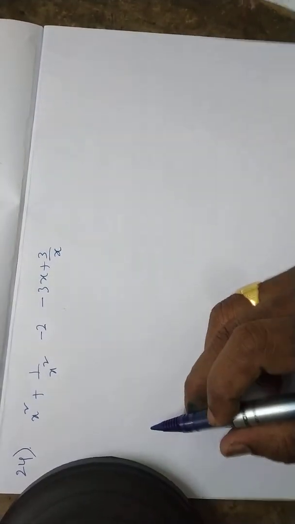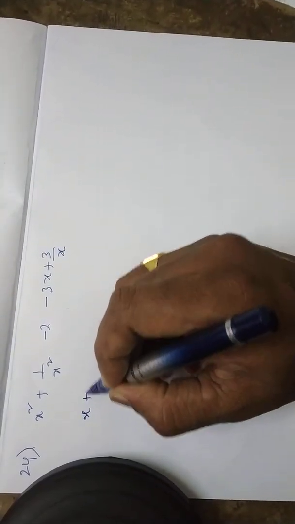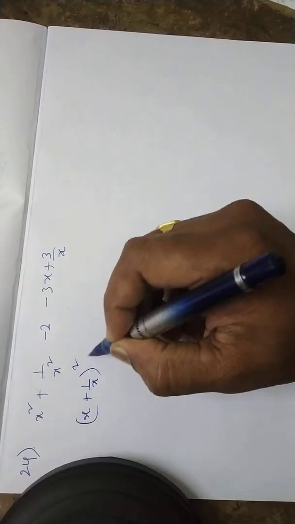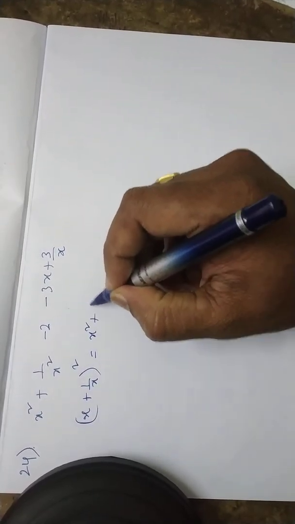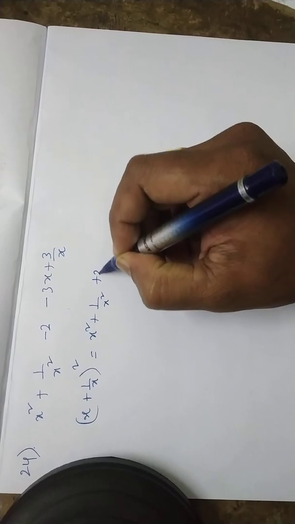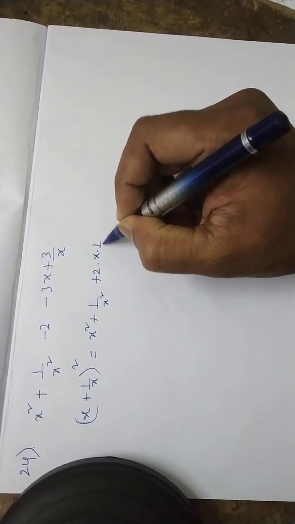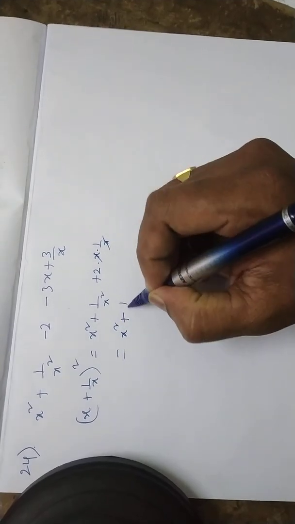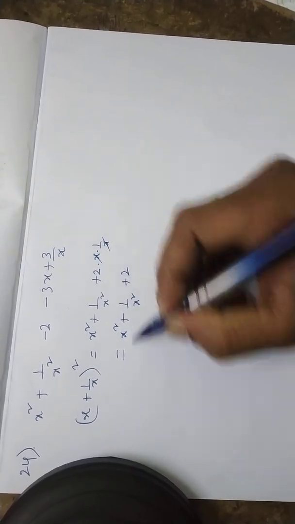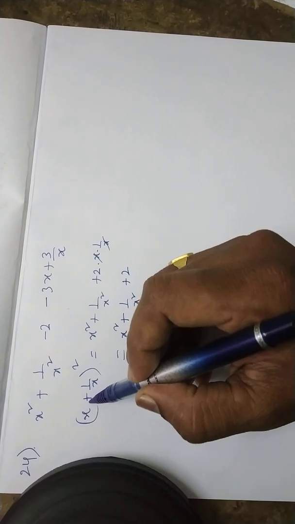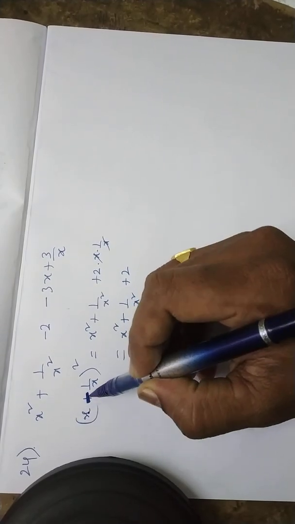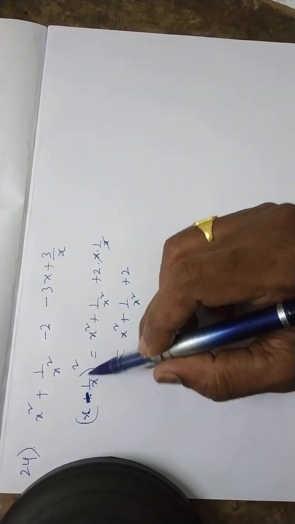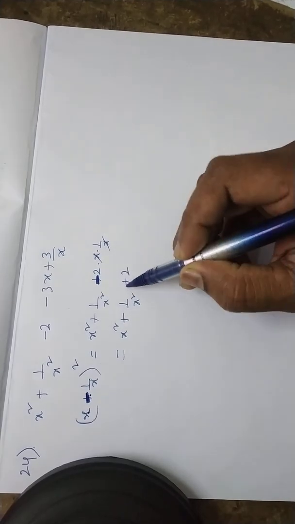You have seen in the expansion, x plus 1 by x whole square can be written as x square plus 1 by x square plus 2ab, 2 into x into 1 by x, cancel. So you will get x square plus 1 by x square plus 2. If it is a plus b whole square, what happens? A minus b whole square, that is a minus b whole square. x minus 1 by x whole square equals, this part will be minus 2.